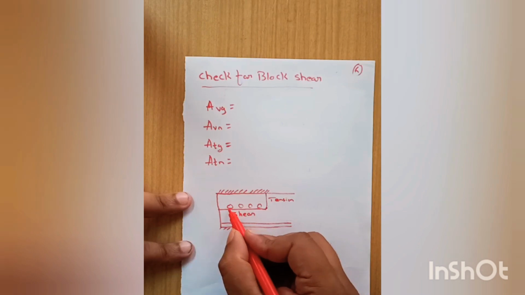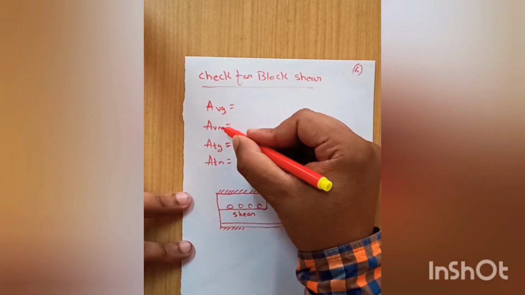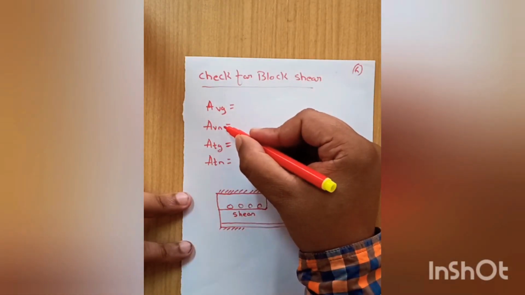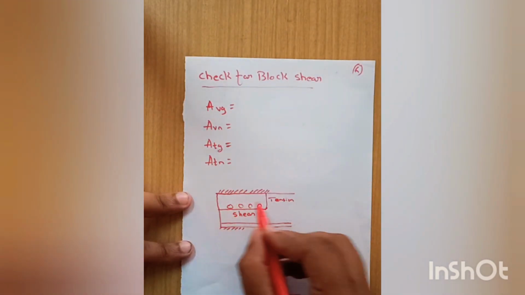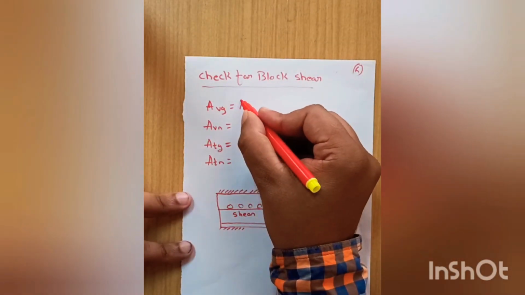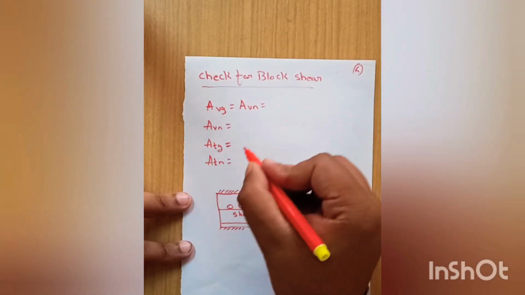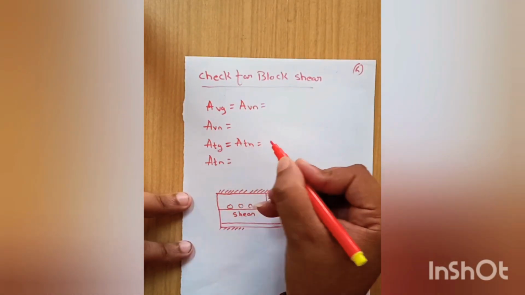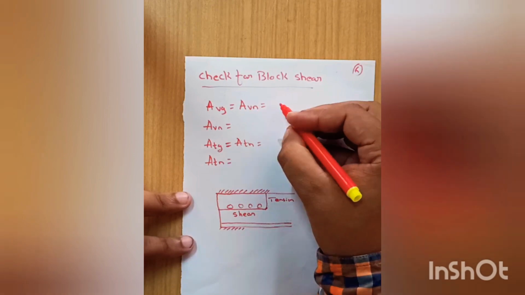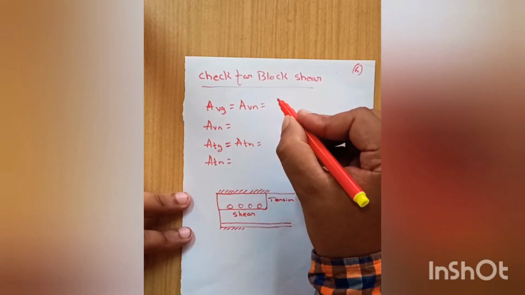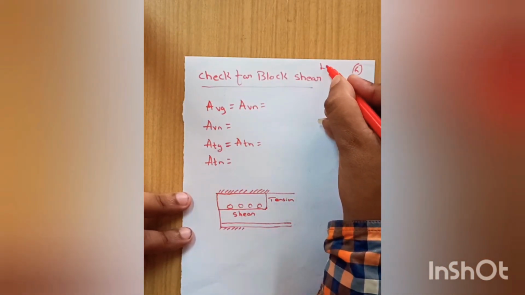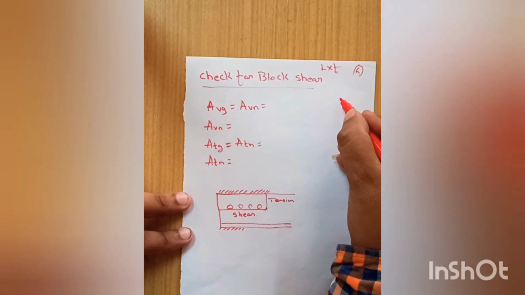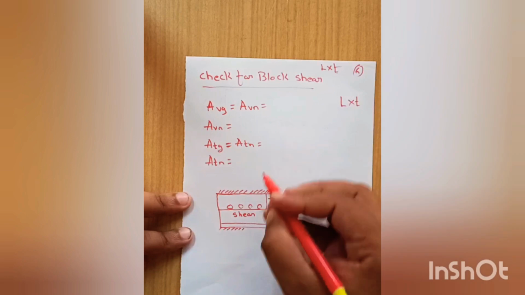So after deducting that, it will become net area in shear. But in this case we are not drilling any holes, so AVG will be equal to AVN and ATG will be equal to ATN. So here AVG, that is area in shear, we know the formula for area, L into T, right? Formula for area is L into T.